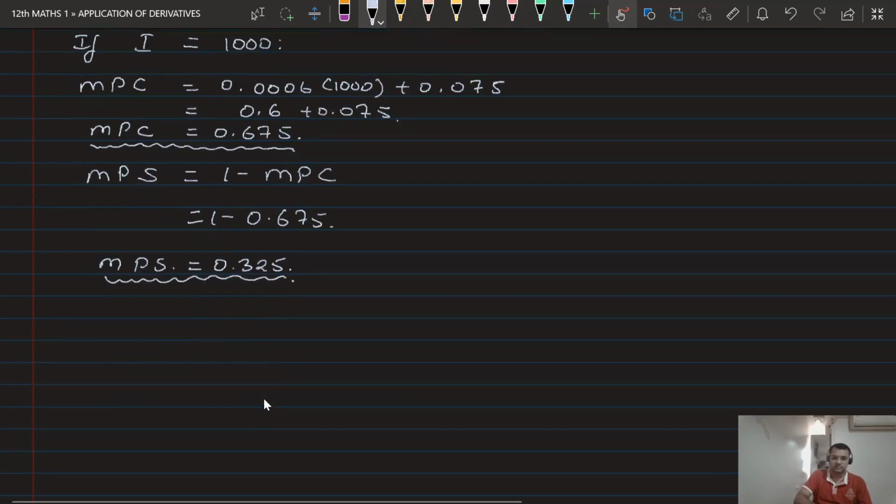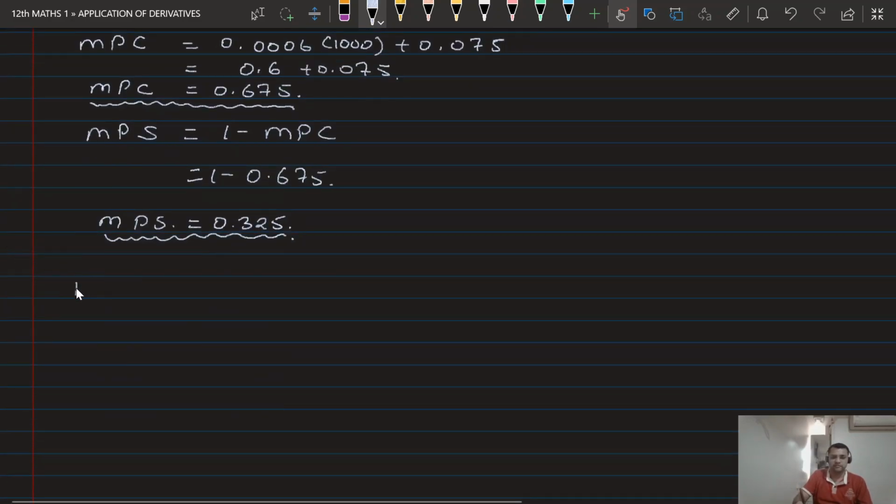Now when I want to find the value of APC, it will be equal to the expenditure divided by the income. In the above example it was x because that was the general formula.